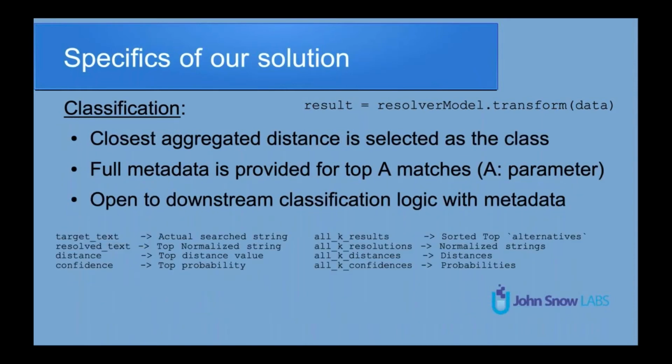The classification, of course, that I just mentioned that we do out of the box, is basically selecting the top match in terms of the aggregated distance. Just to tell you a trick, generally the best working strategy to perform the aggregation is max pooling of the distances.